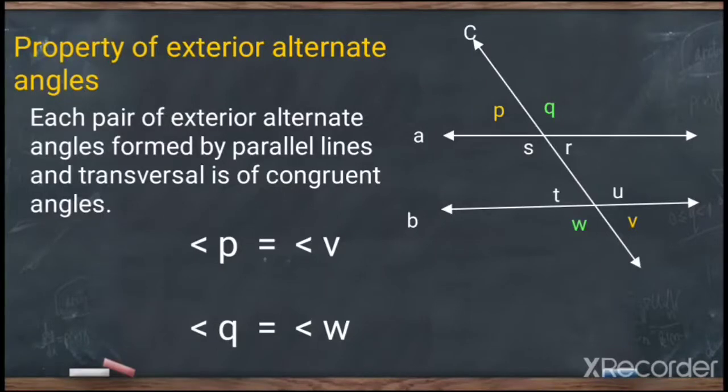So you can substitute angle V here. So angle P and this angle V are congruent because both are opposite angles. Therefore you can say that angle P is congruent with angle V. So these exterior alternate pairs are congruent.